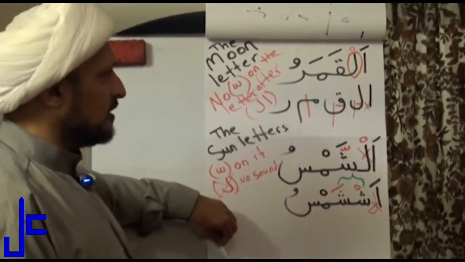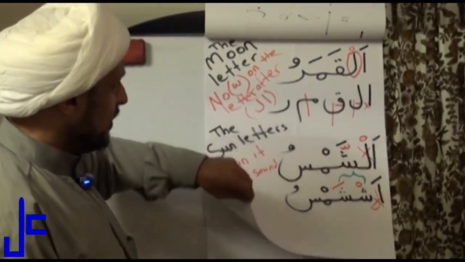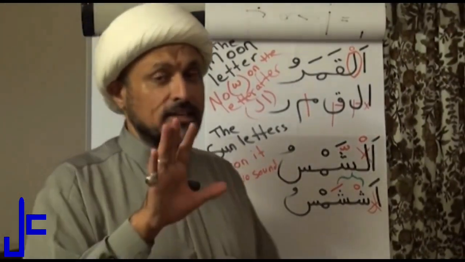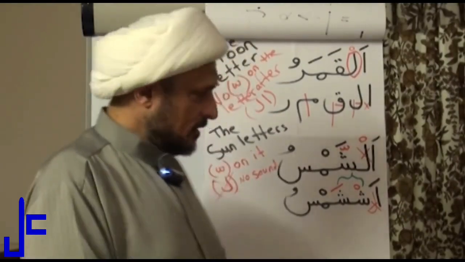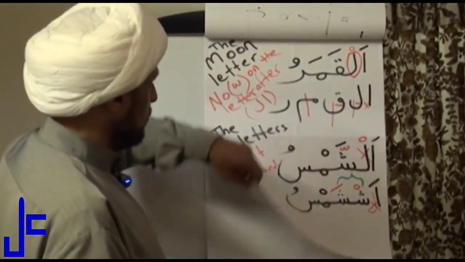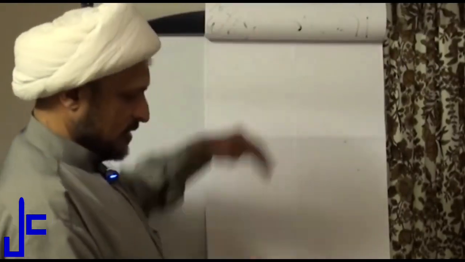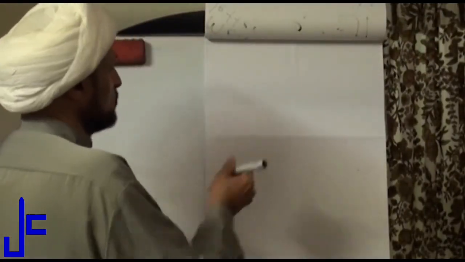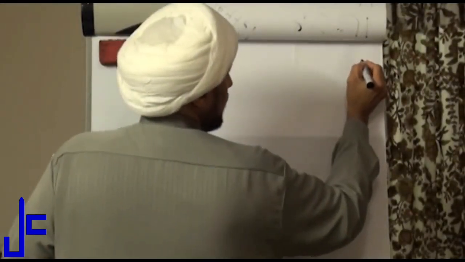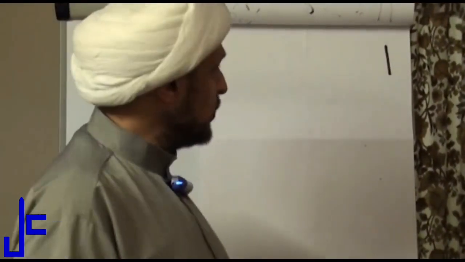Now, let me give you another sign, which is very important, and you will see it a lot. We have this Hamza. Let me give you one observation here, and this is the last point I wanted to explain. This is the R sound in the Arabic language.